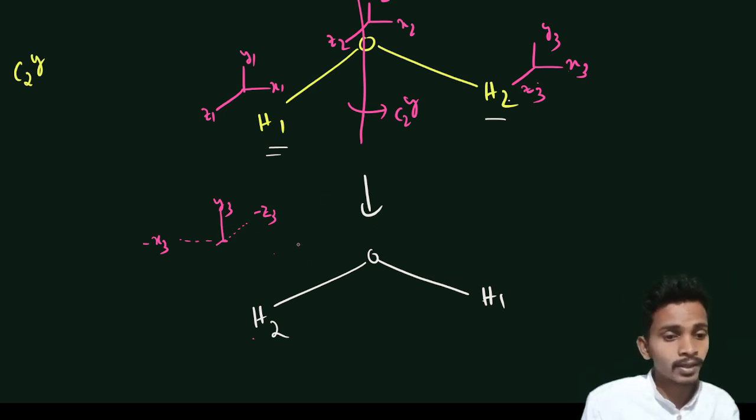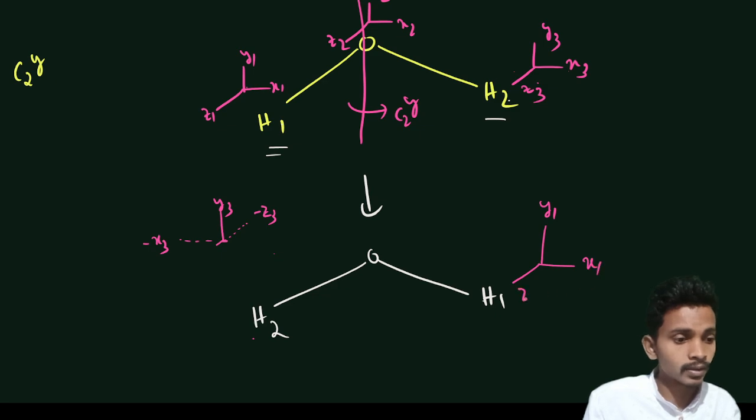The same thing will happen here also. First the atoms interchange. So this plane will go here. Let's say this is x1, this is z1.